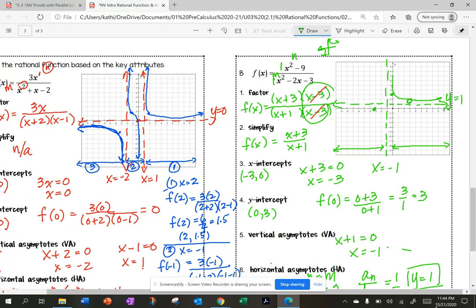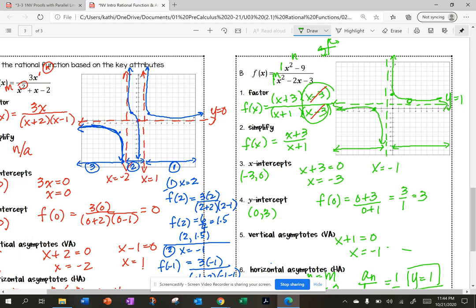I already have information, so I don't need to test any. Okay, so what I do want to point out is the denominator either has vertical asymptotes or holes, and the numerator is the x-intercepts.